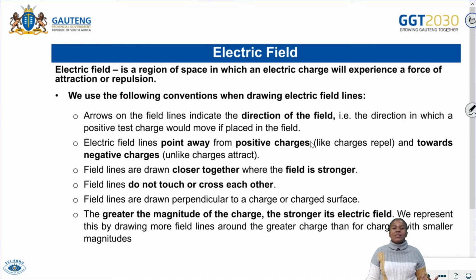So we represent this by drawing more field lines around the greater charge than around charges with a smaller magnitude. Okay, so we compare which one has the bigger magnitude, and the one with the bigger magnitude will have the stronger electric field. And when we say strong electric field, we mean that the electric field lines are closer to each other.